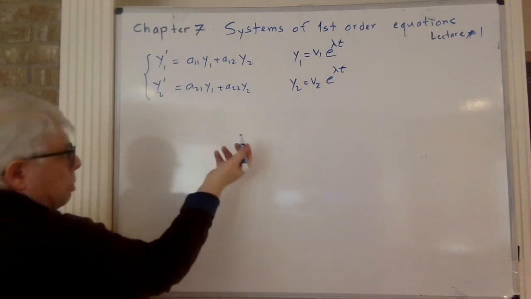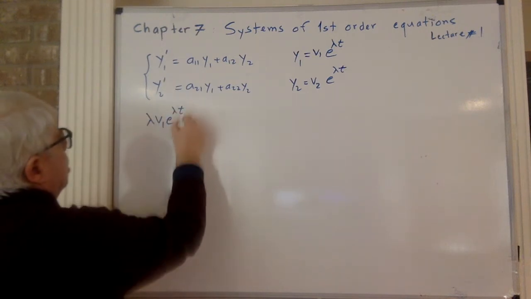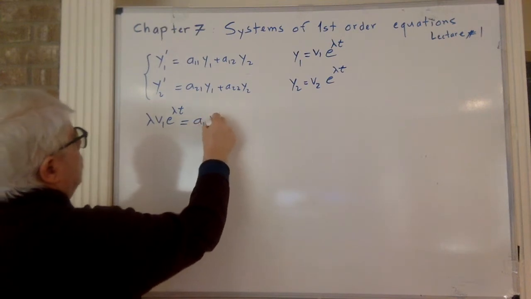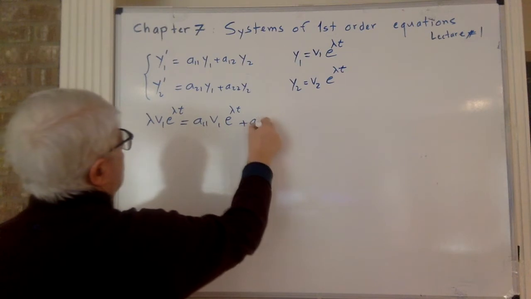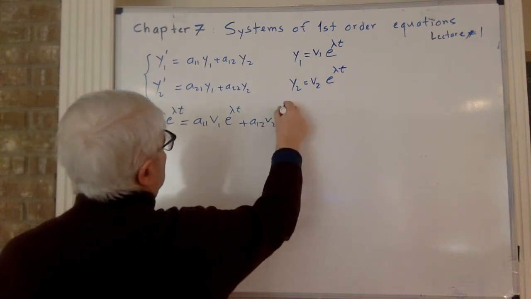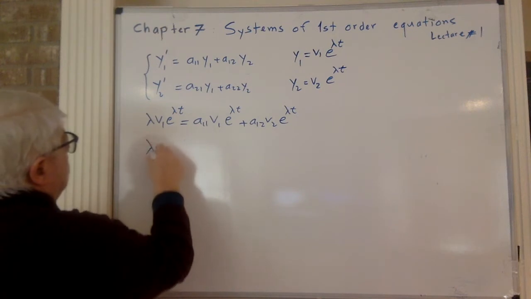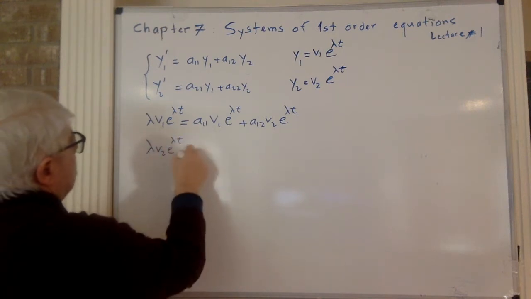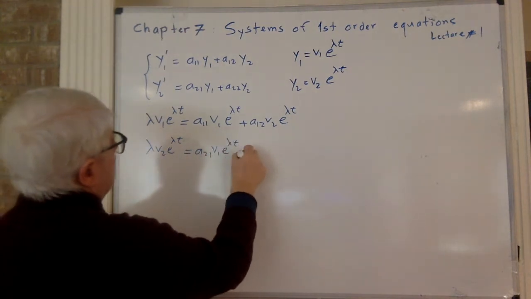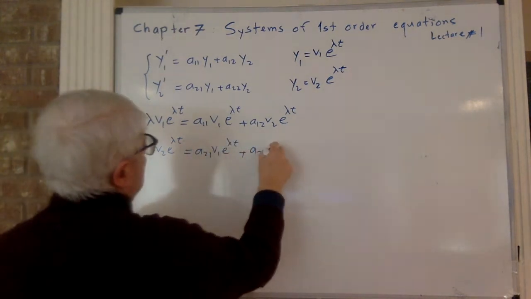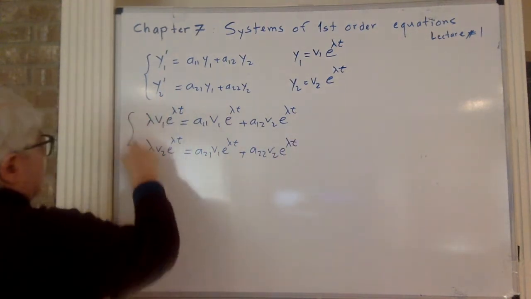So let's plug in. The derivative gives lambda v1 e to the power lambda t equals a11 v1 e to the power lambda t plus a12 v2 e to the power lambda t. The second one is lambda v2 e to the power lambda t equals a21 v1 e to the power lambda t plus a22 v2 e to the power lambda t.